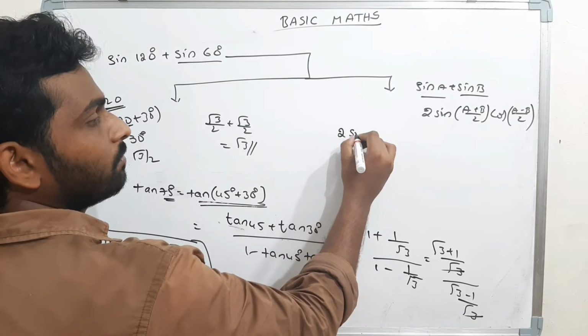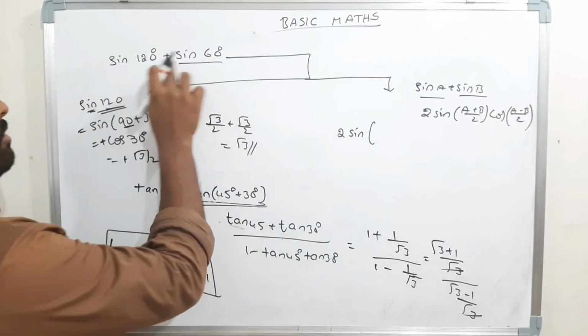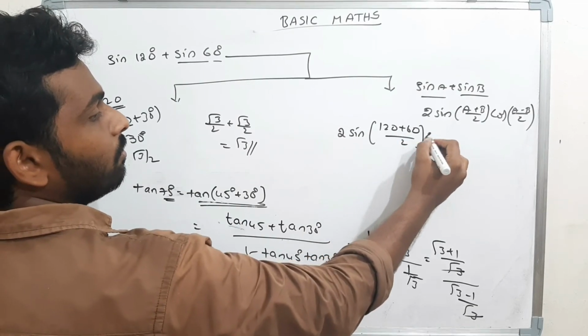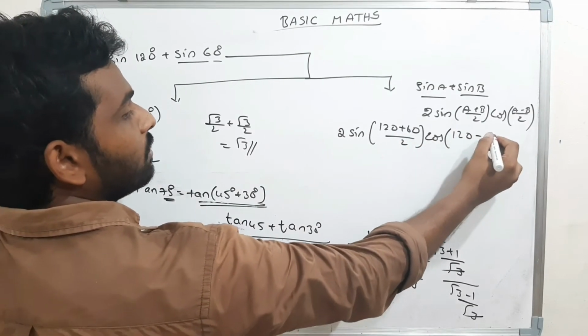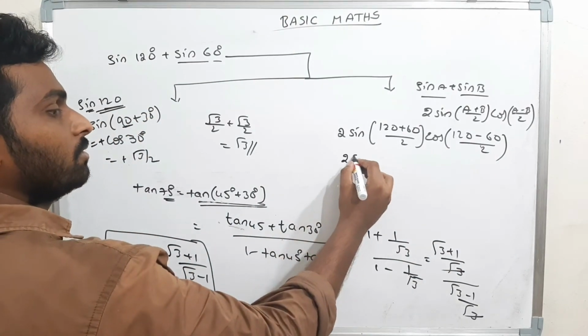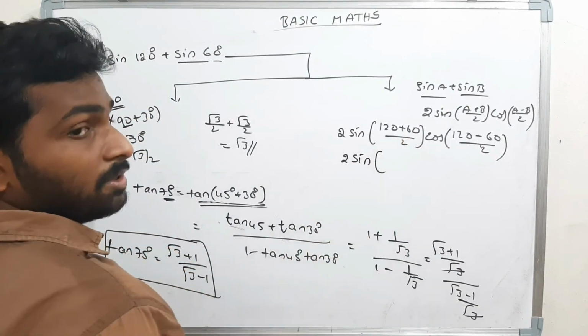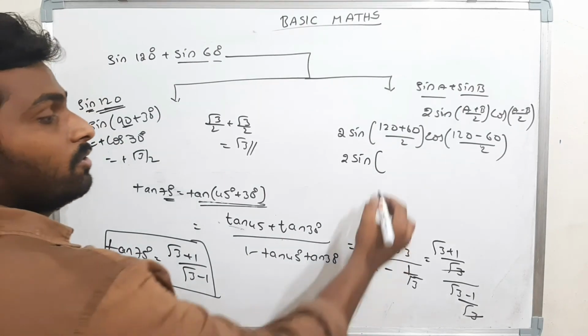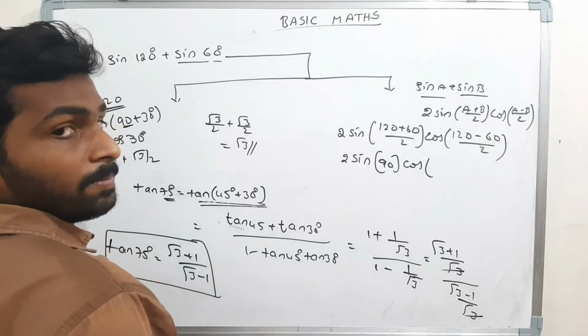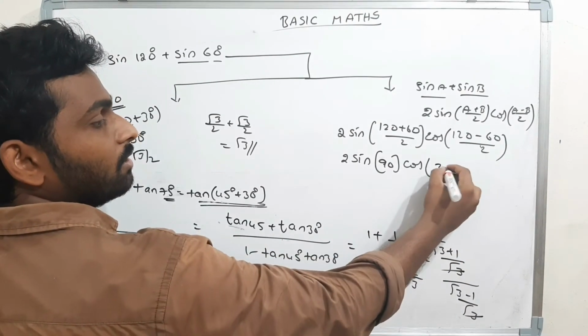2 into sin of 120 plus 60 by 2, cos of 120 minus 60 by 2. How much? 120 plus 60 is 180, by 2 is 90. 120 minus 60 is 60, by 2 is 30.